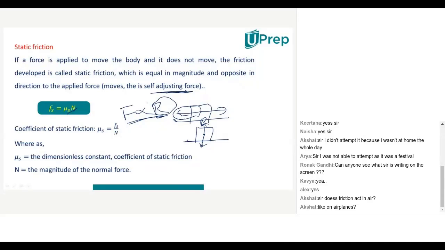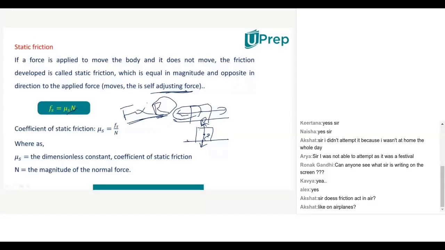Now tell me, this normal reaction was applied by surface or object? The surface. Very good. The surface will apply force on the object. You have to say like this.